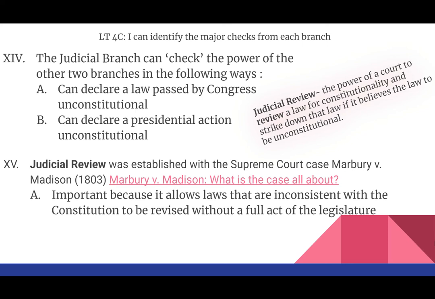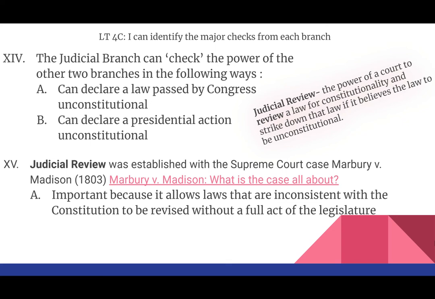Judicial review was established in the courts by Marbury versus Madison. This basically gave the power to the Supreme Court that they can declare laws or actions unconstitutional. So it gives them the power to reverse a legislative decision.